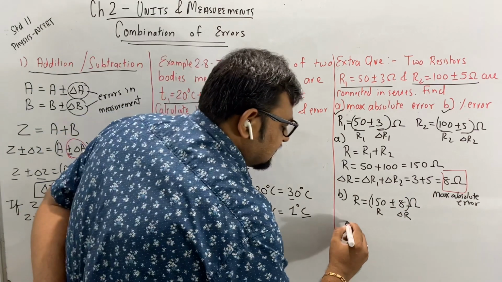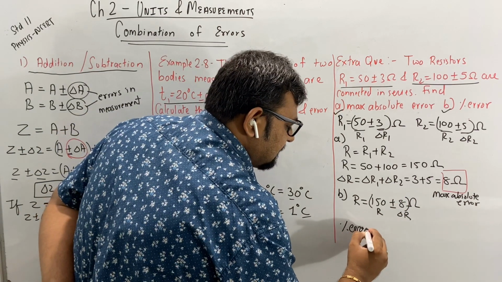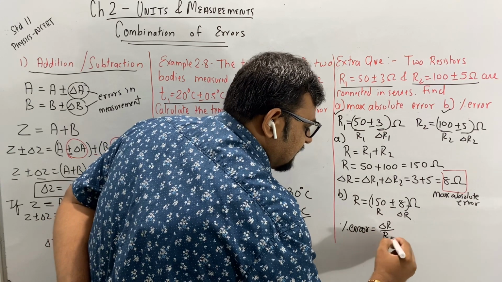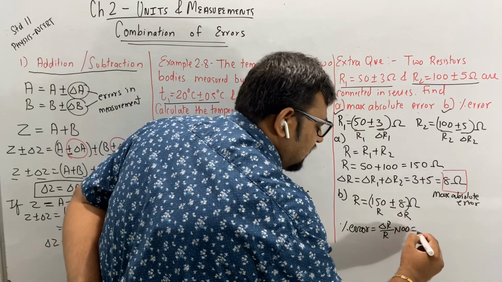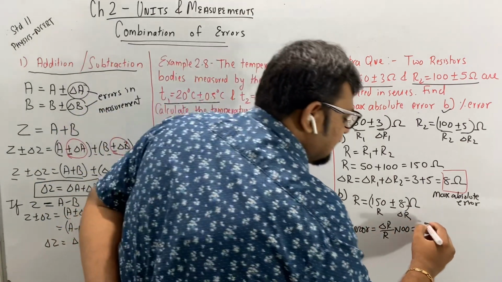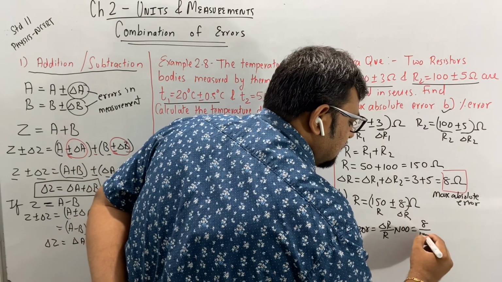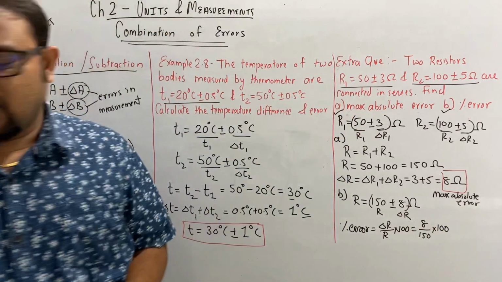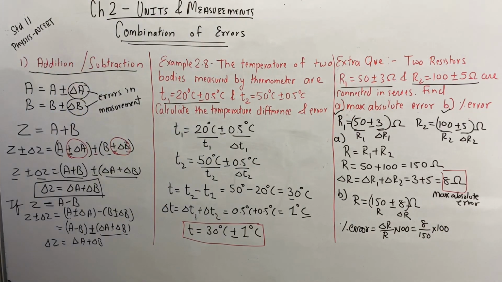So percentage error will be equal to delta R by R into 100. What is delta R? 8 upon 150 into 100. So let me calculate it. What's the answer?